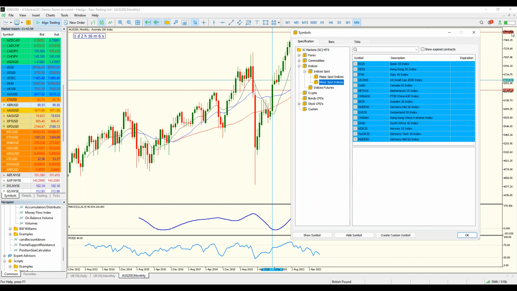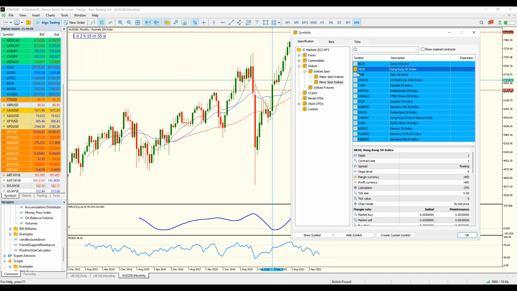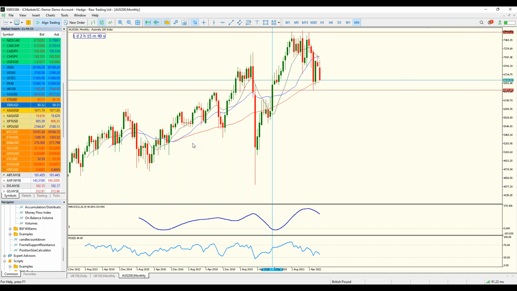We want the Hang Seng, which is the Hong Kong. We can have a look at the Russell 2000 as well, which I'll explain why it's a clever idea. And let's look at China, just out of interest. That's all we need for now. That's plenty.